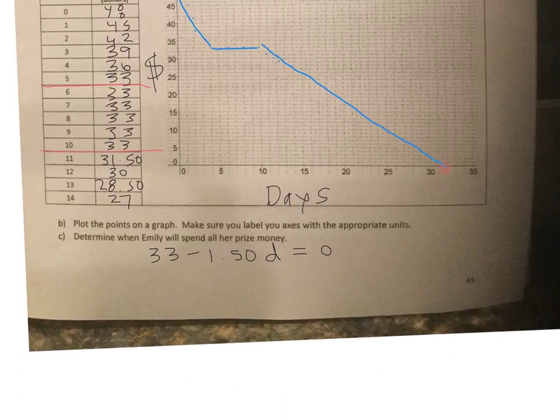Well, let's solve for D. Minus 33 on both sides. Your 33 should cancel, and you're left with negative 1.50D equals negative 33. And then divide both sides by negative 1.50.